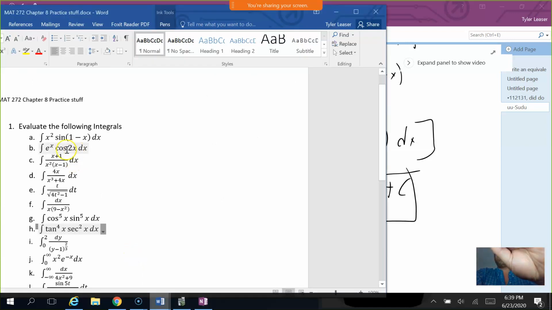So this next one here, b, e to the x cosine 2x, this is still going to be integration by parts, but this is one of those integration by parts that eventually you're going to have to wrap it back around to the beginning. Does anybody want to see this one, or do we feel okay about integration by parts, even these more complicated ones?